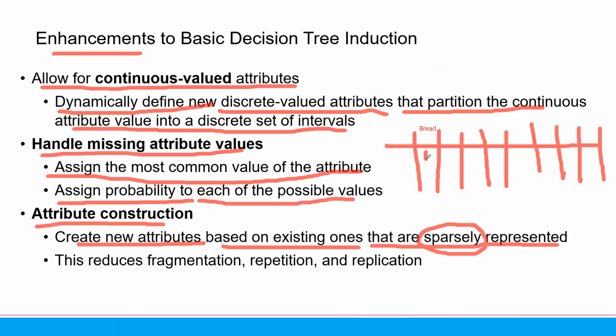If the person didn't buy bread, it is 0. What about the other product? Maybe I have milk. Or maybe another product, almond. Not many people would like to buy almond. So maybe when we have 1 million data, it will be like 0, 0, 0, 0, 0, 0, 0. Only one person will buy it. So we call this sparse.